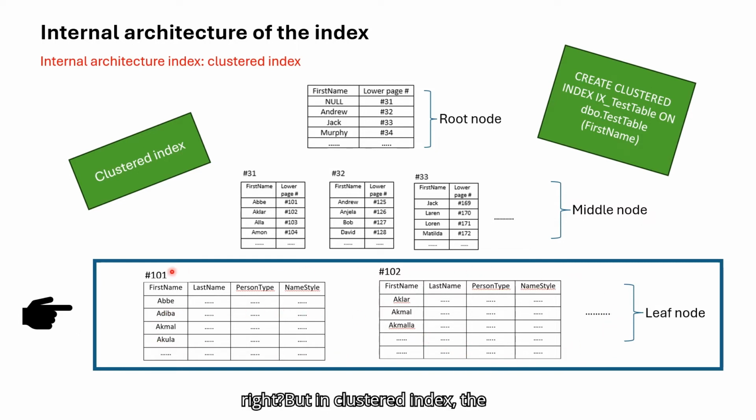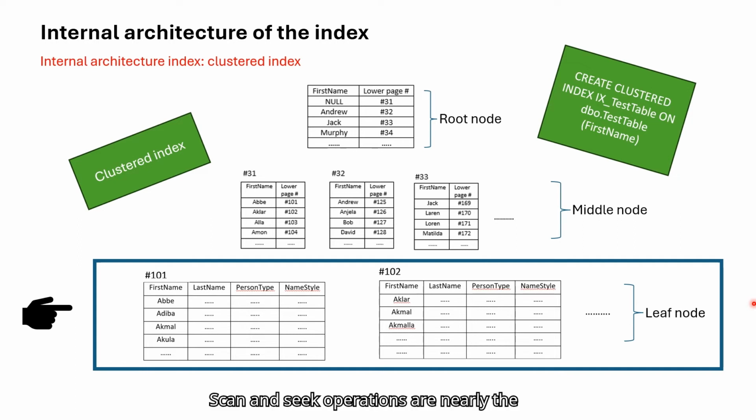But in a clustered index, the actual data itself is stored. For example, we created a clustered index based on the first name column. As you can see, the leaf node now includes the actual data pages, which are sorted based on the clustered column, first name. That is the main difference from a non-clustered index. Therefore, we cannot create more than one clustered index for a specific table.